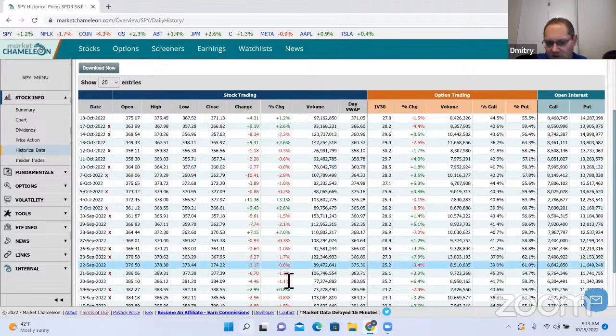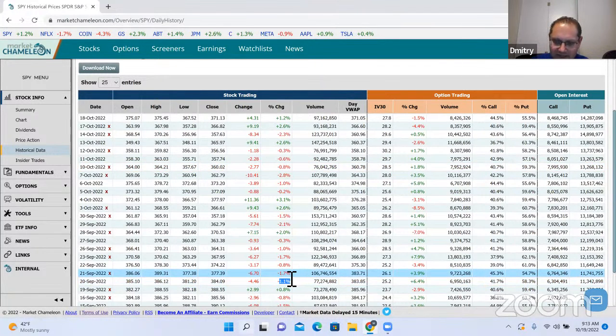Now, these are simple returns. The Black-Scholes model uses log returns, which make more sense because simple returns aren't additive. Just to simplify, imagine the stock starts at 100, it's up 1%, and then the next day it's down 1%, and it's back to 100.